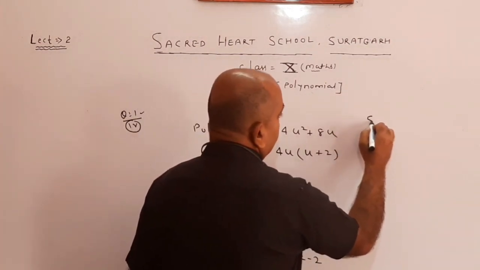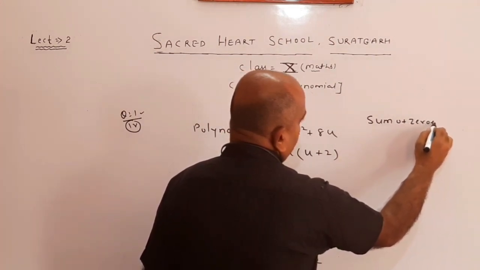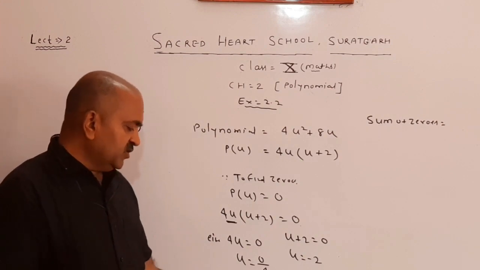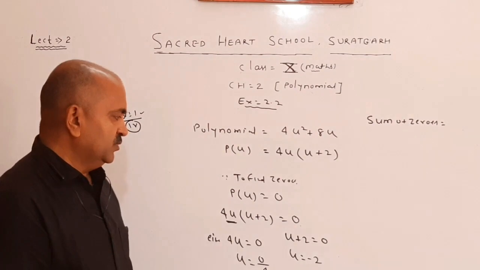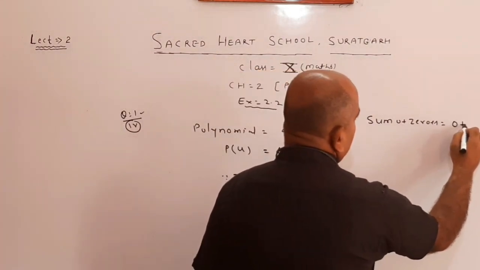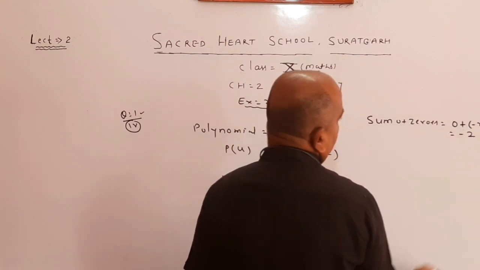After that, students, now we find sum of zeros. What is the first zero? 0. And the second zero? Minus 2. So the sum of the zeros, 0 plus minus 2, is minus 2.